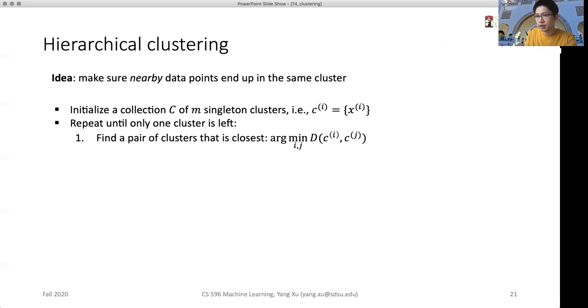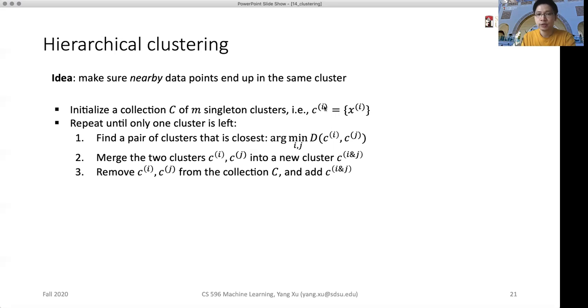Okay, that is a very large amount of computation, because we need to search thoroughly among all the clusters. Then we will merge the two clusters, C_i and C_j, into a new cluster, which we call C_i ∪ C_j. Then we remove the old clusters because they are now merged, and we add this new cluster into the set.